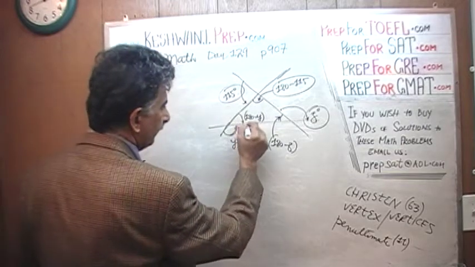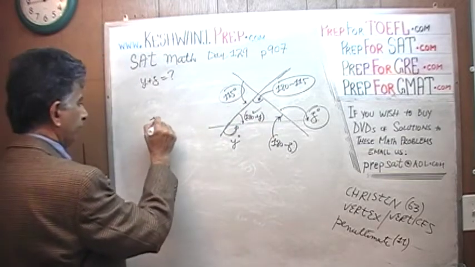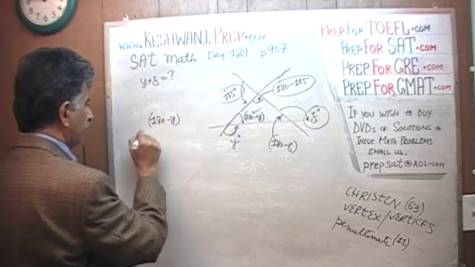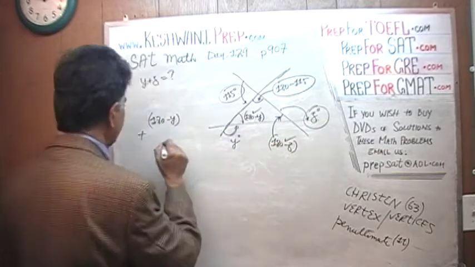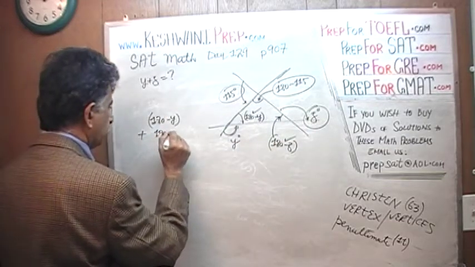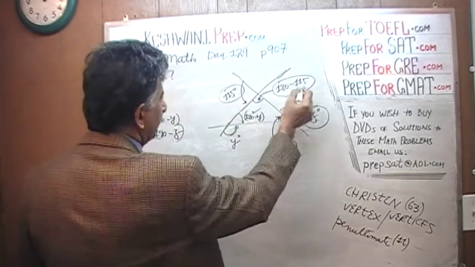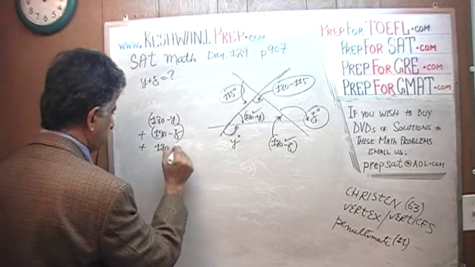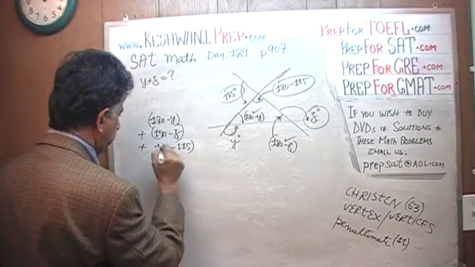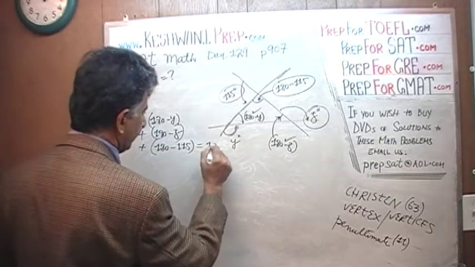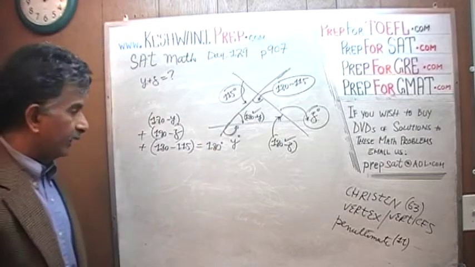180 minus y, plus 180 minus z, plus 180 minus 115. And it has to add up to 180. These three angles have to add up to 180.